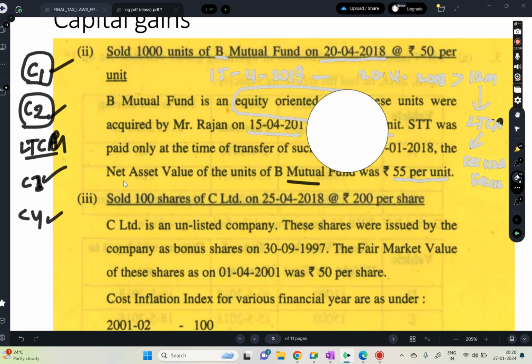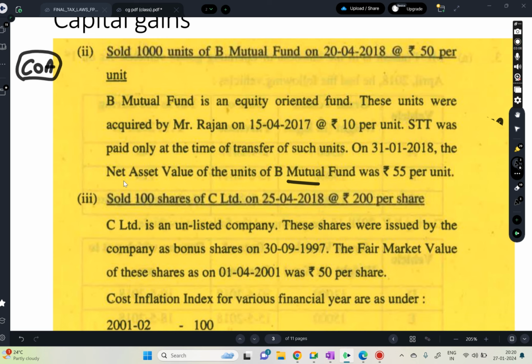If section 112A is applicable, immediately we need to check the cost of acquisition. In the cost of acquisition, we check whether the date of acquisition is before 31/1/2018 or after 31/1/2018. We acquired it in 2017, so before 31/1/2018.